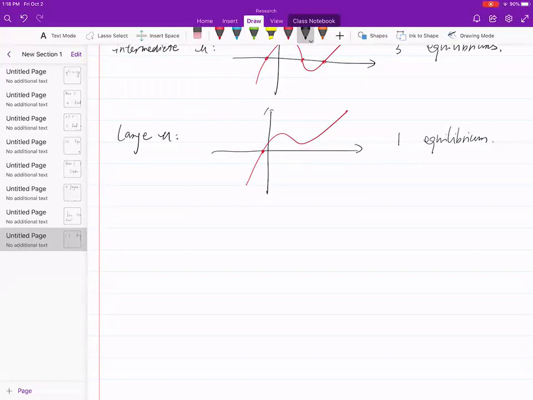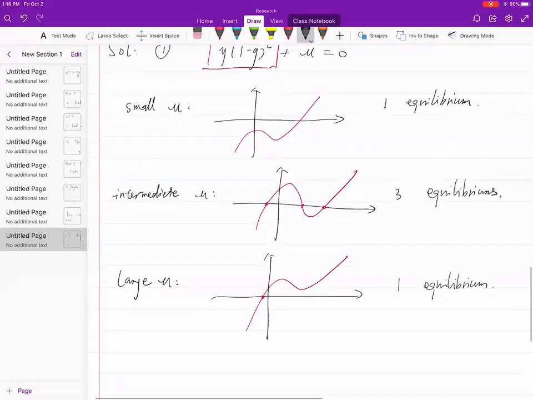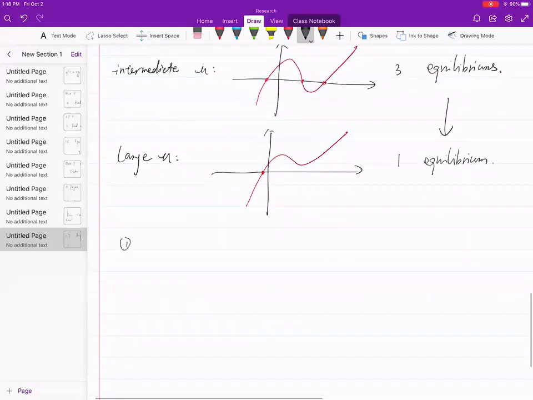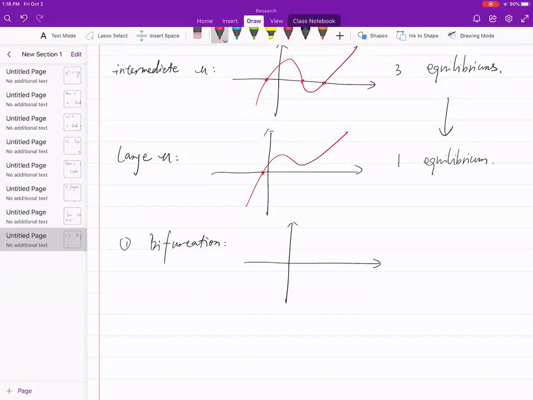So where do you think the bifurcation happened? It happened twice. The first time is from one equilibrium to three equilibriums. The second time is from three back to one again. Okay, so the first bifurcation: it must be you're shifting this thing up to a point such that it looks like this, a little bit below one equilibrium, a little bit above three.